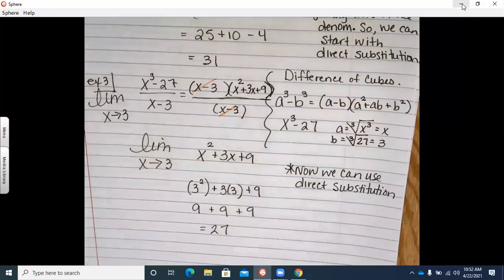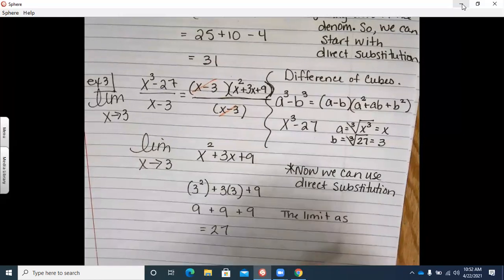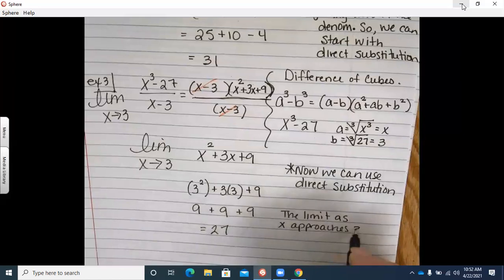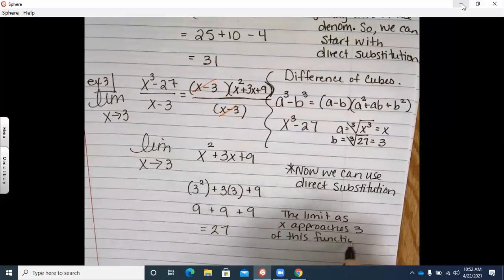So we could say the limit as x approaches 3 of this function is equal to 27.